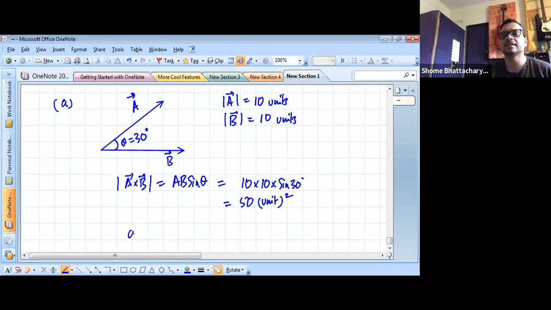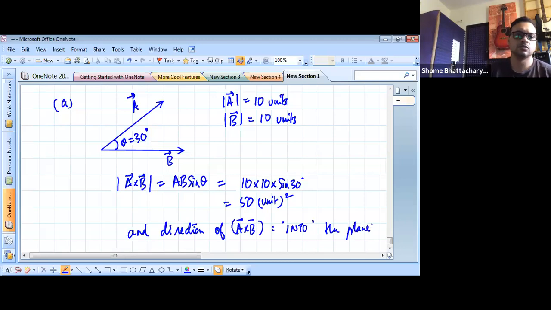So that is your mod A cross B. And direction of A cross B, in this case, will be into the plane. That you can again see by right hand rule.